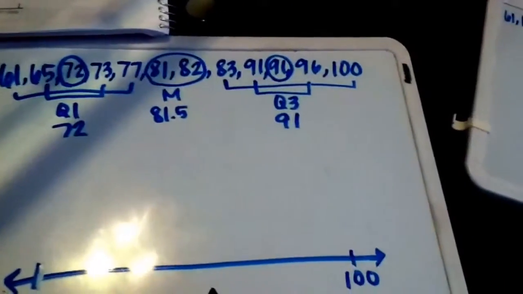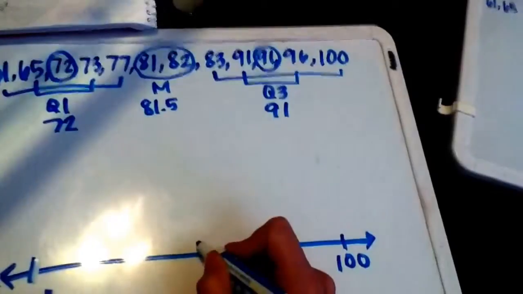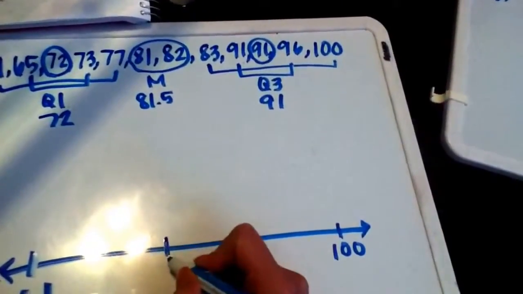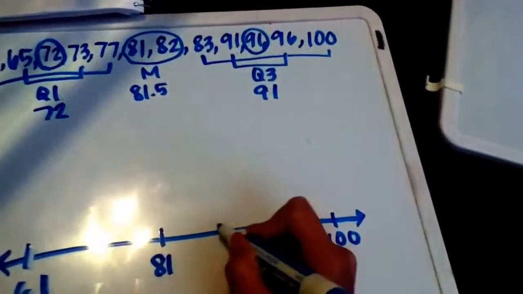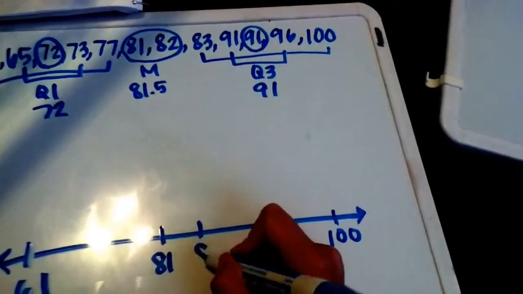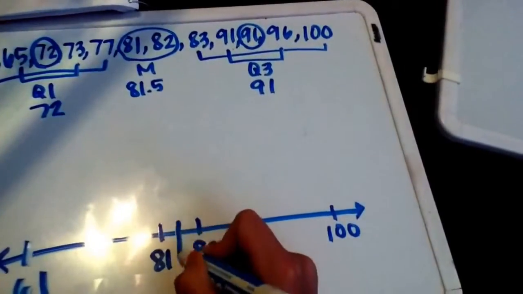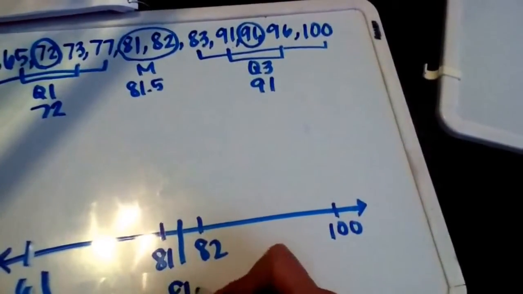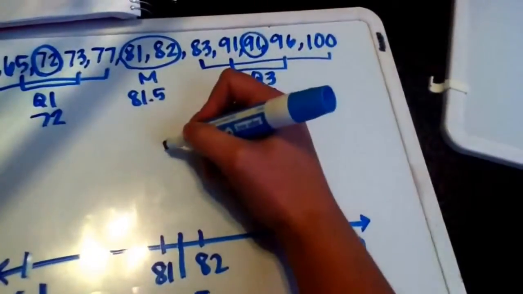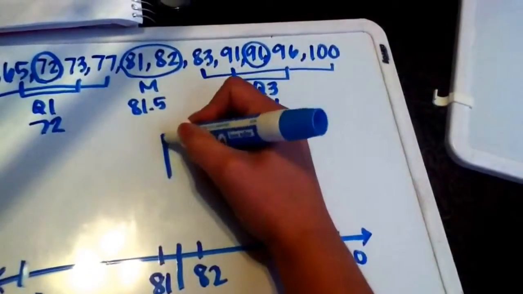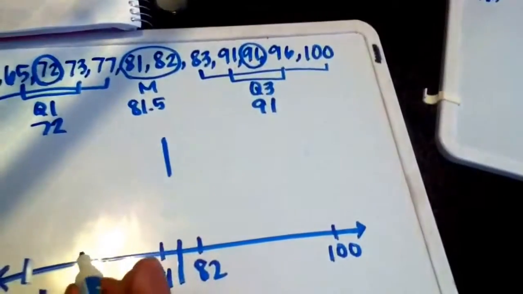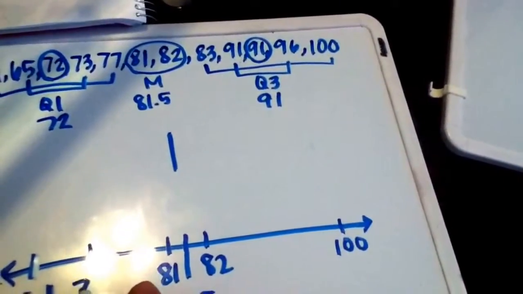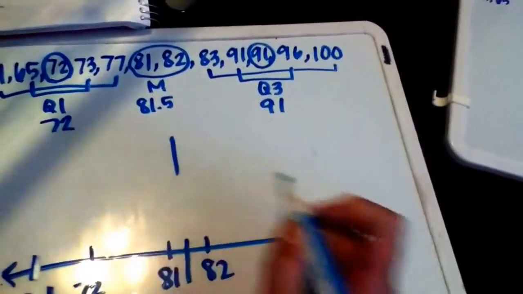So the next thing that we can do is we can make a dash in the middle that we know is going to be 81 right here. And we could say 82 will be right here. So then we know right in the middle this is going to be the 81.5. And this is going to be the line for the median right here. The next thing we could do is we can make a line for 72, which is our Q1.